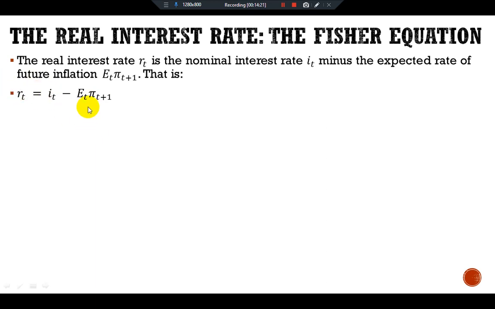Here E_t π_{t+1} represents the expectation formed in period t of inflation in period t+1. The variable r_t is the ex ante real interest rate, the real interest rate that people anticipate based on their expectation of inflation.